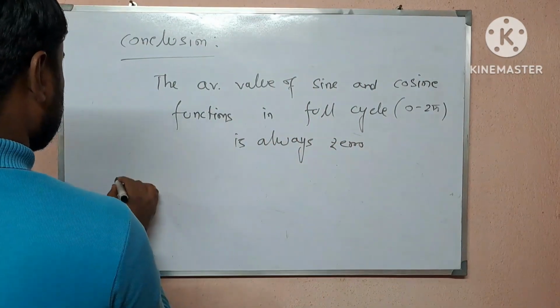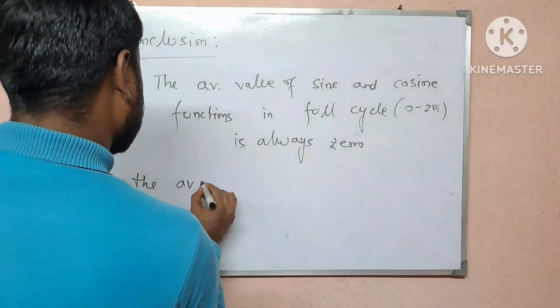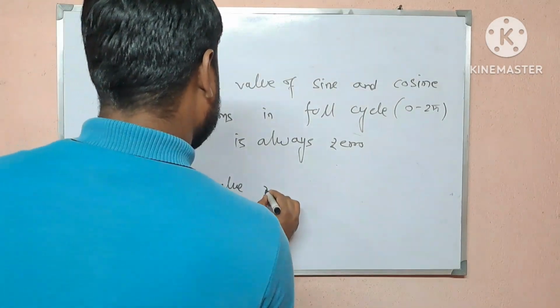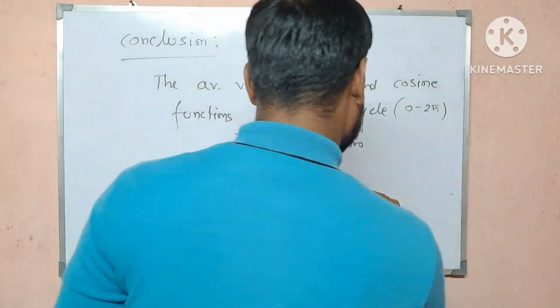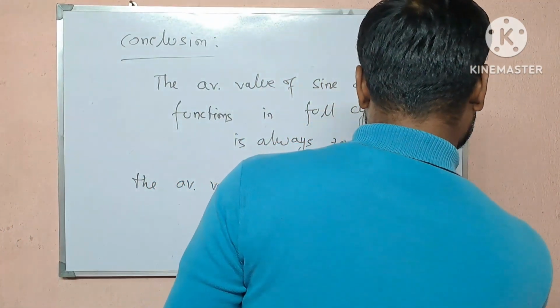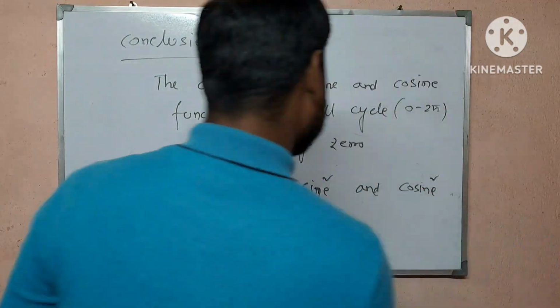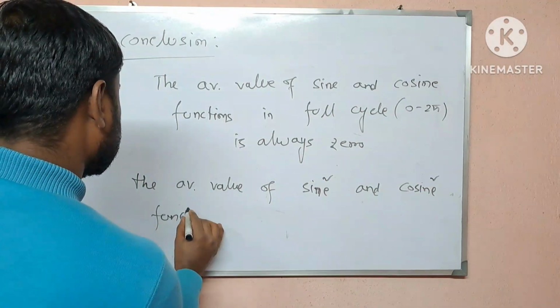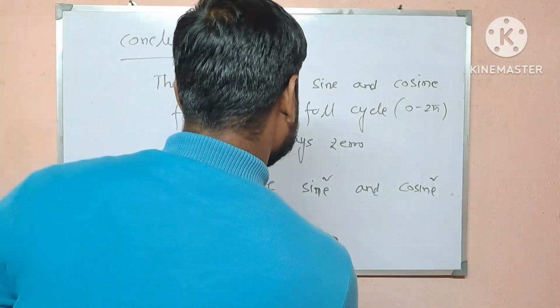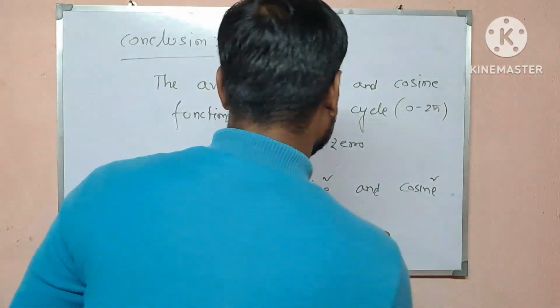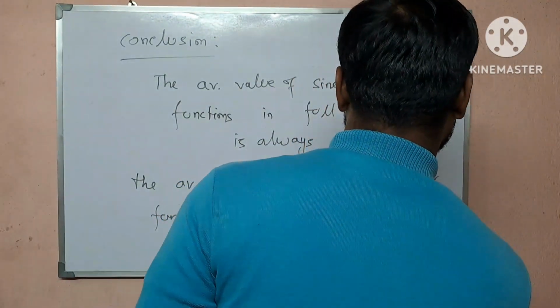And the average value of sine square and cosine square functions in full cycle is half.